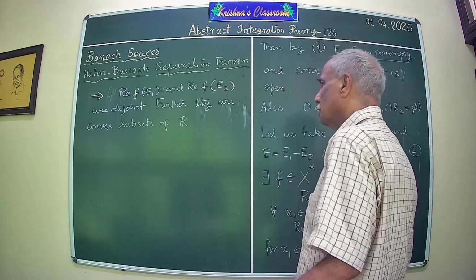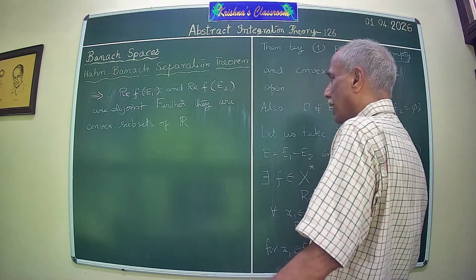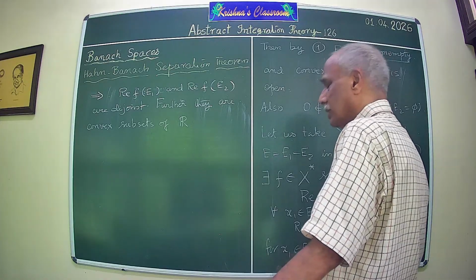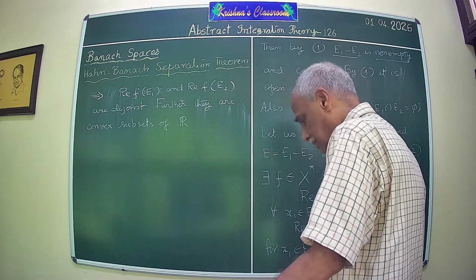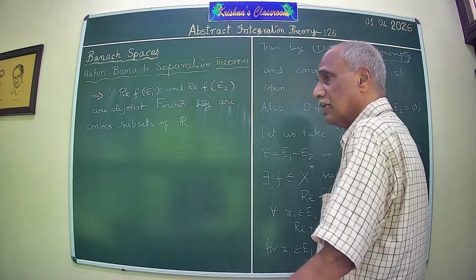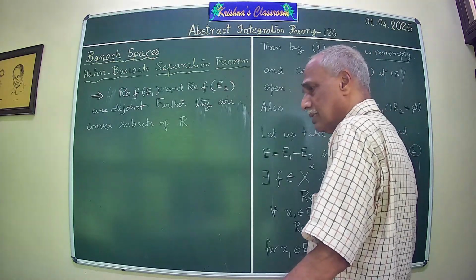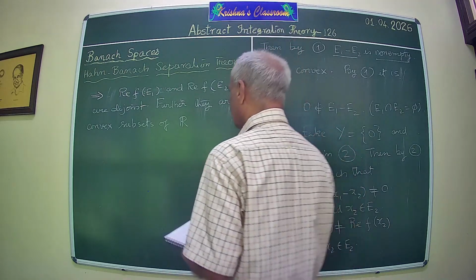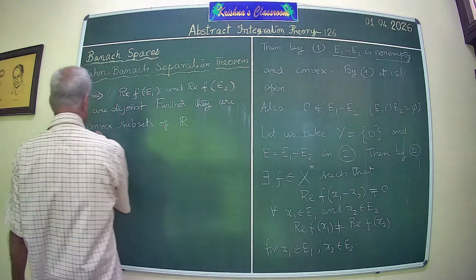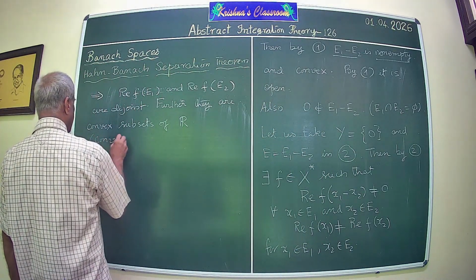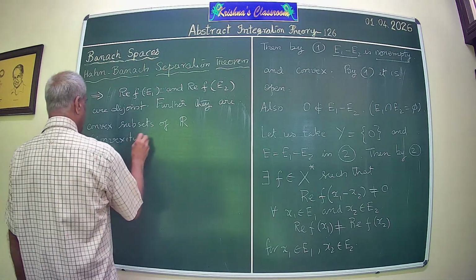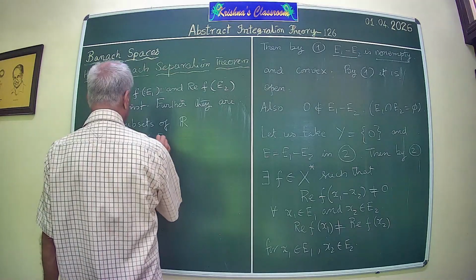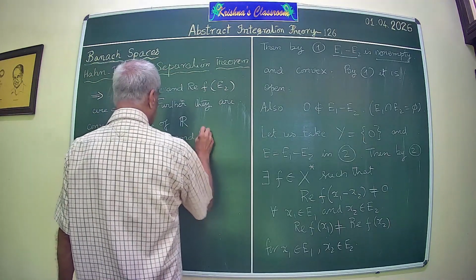Therefore, if you take x1 and y1 belonging to E1, then t x1 plus 1 minus t y1 belongs to E1. So use that property. So this follows from the convexity of E1 and the linearity of real f.